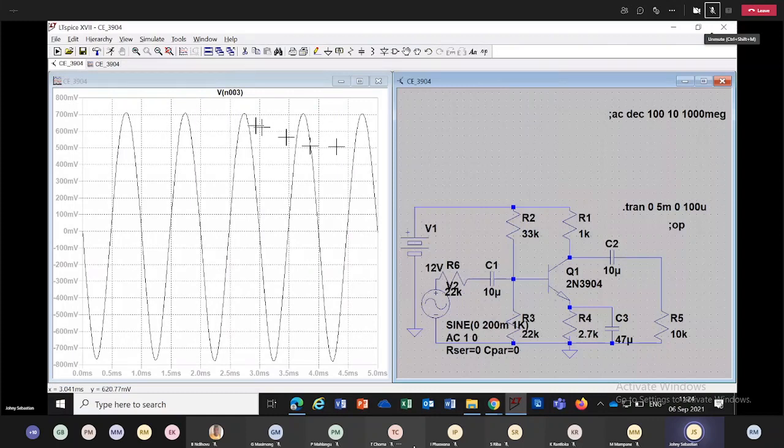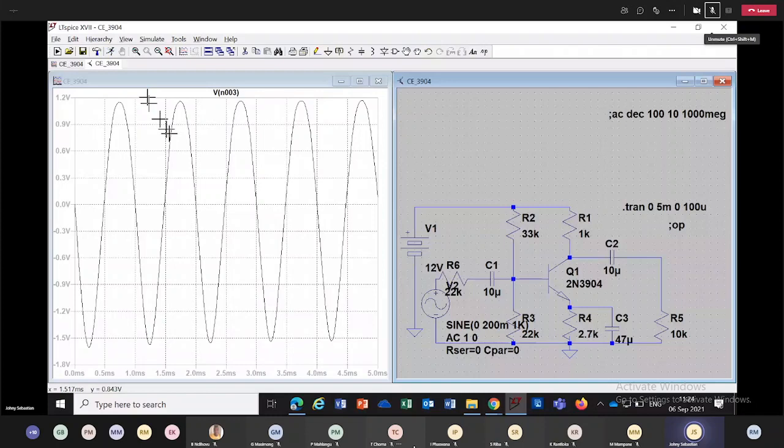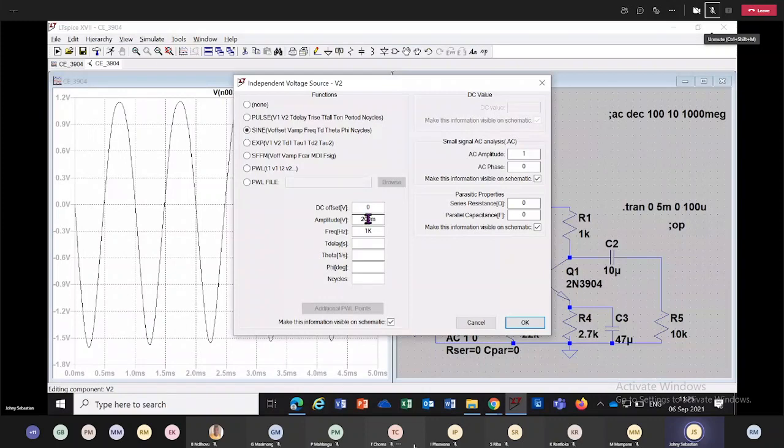You can see on the negative side it is going very sharp. Look at the positive side, it is flattening. That is entering into cutoff region. Positive side is flattening. This is the beginning of distortion. Now, if you have anything more than that 200 milli, for example, let's make it 250 milli.